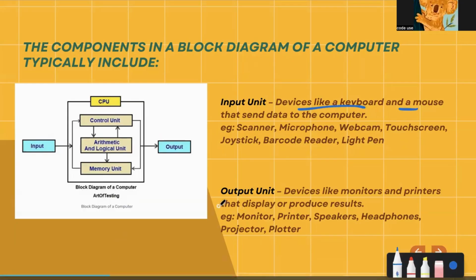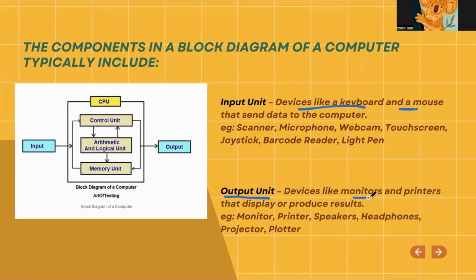Now next is the output unit. Devices like a monitor or printer display or produce results. Examples of the output unit are monitor, printer, speaker, headphones, projector, and plotter.